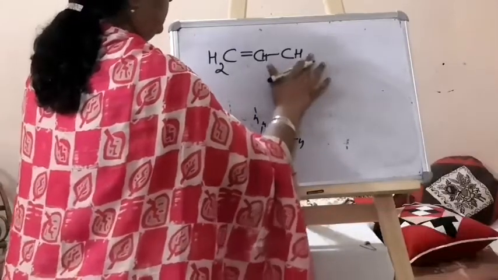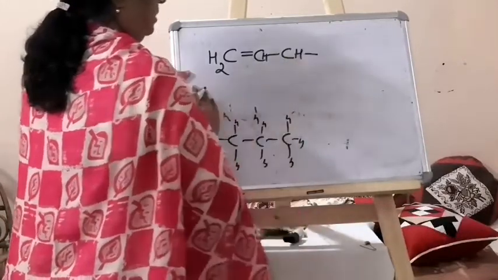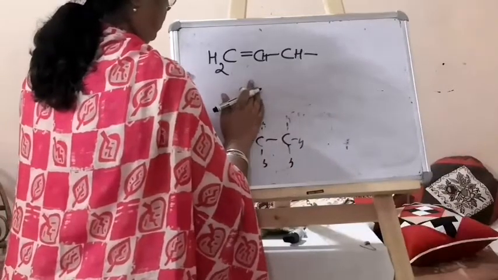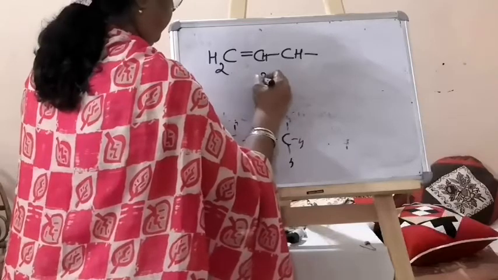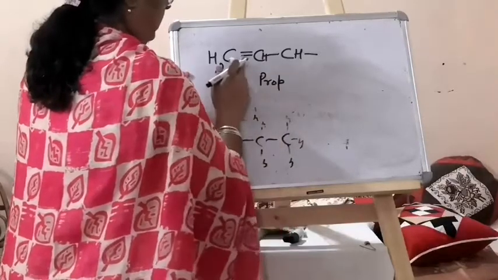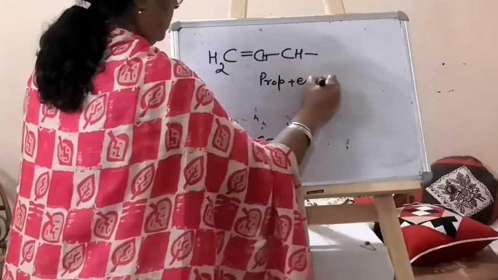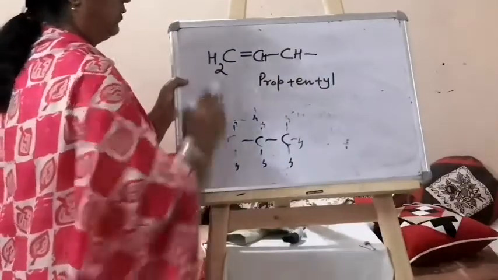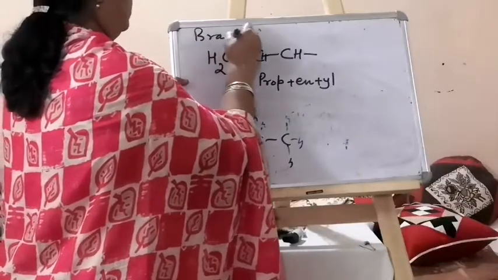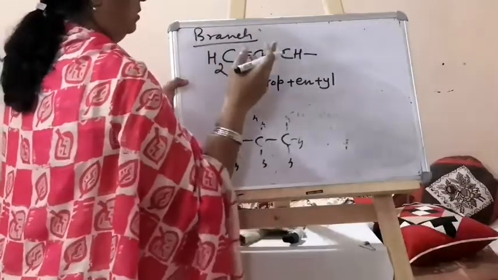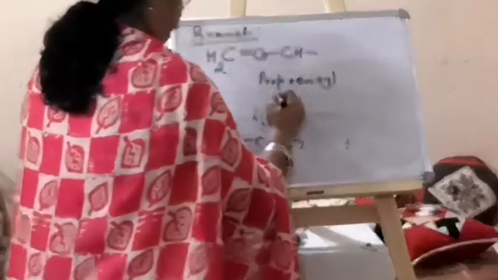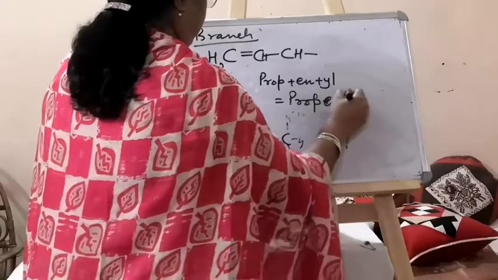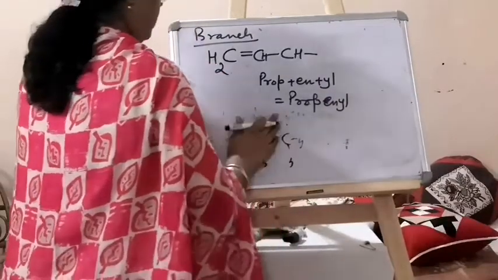And if there is one hydrogen less, this is attached to the chain, then we will have the root word prop, then double bond en, and then yl. Propenyl. This is for the branch I am teaching. When this is in the form of a branch, meaning substituting as prefix, we will join it together. It will be propenyl. Okay.